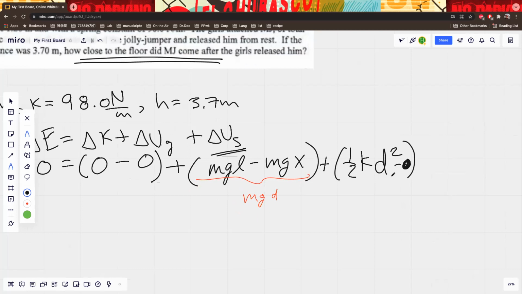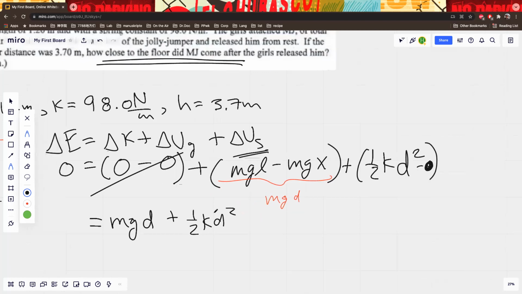Okay, that's good. All right, we can simplify this then, right? This is all gone. We have just MGD plus half KD squared. I think I did do something wrong.